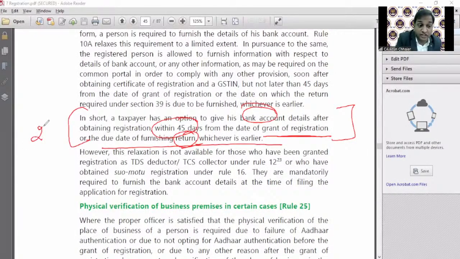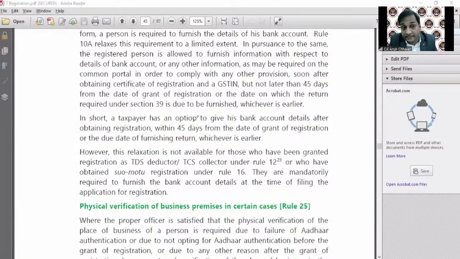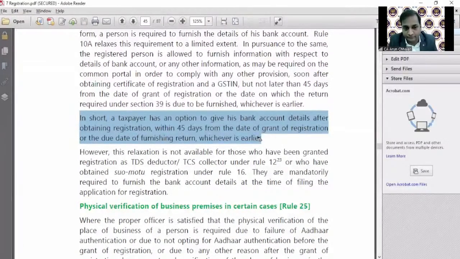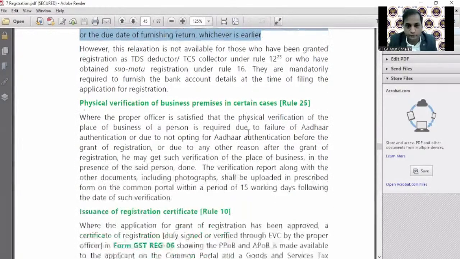We will discuss returns in the last class, but yes, he has an option to add the bank details within 45 days. What is the counting of the 45 days? The date of the grant of registration or the due date of furnishing the return, whichever is earlier. A 2 marks question has been asked in an earlier paper. Might be they ask directly the section or Rule 10A, or sometimes they ask what is the time limit to furnish the bank details. You need to remember these 2.